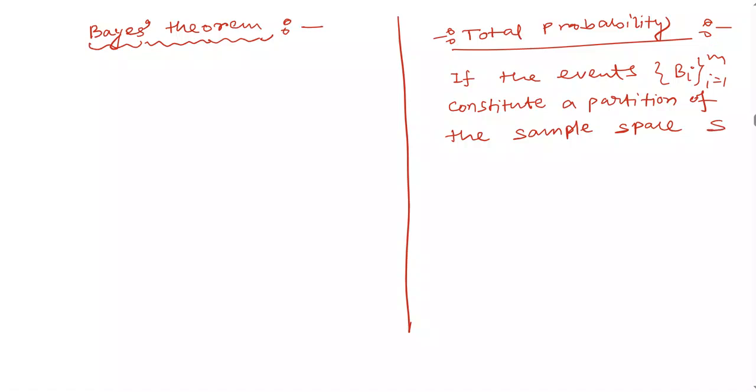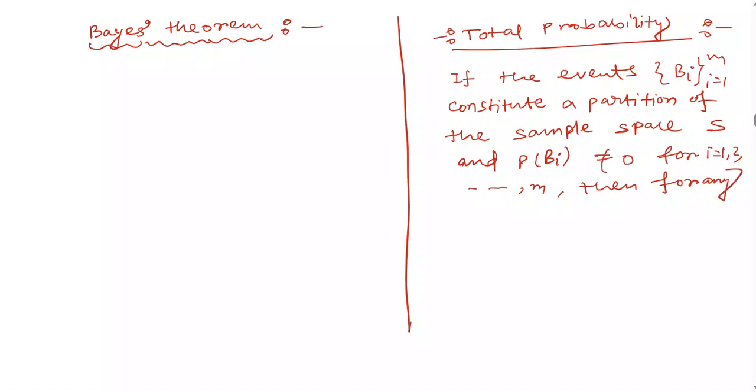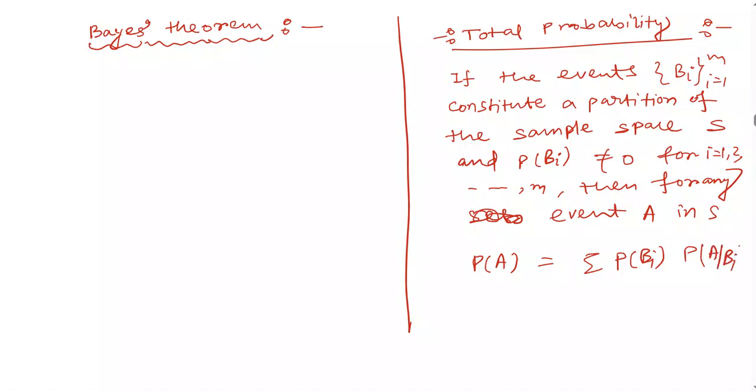S, and P(B_i) not equal to 0 for i equal to 1 to m, then for any event A in S, probability of A is equal to the summation of probability of B_i times probability of A given B_i, where i varies from 1 to m.